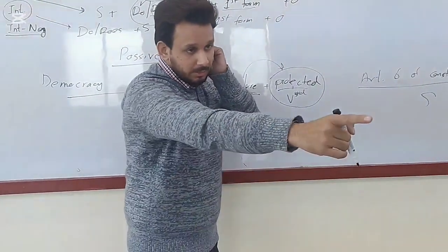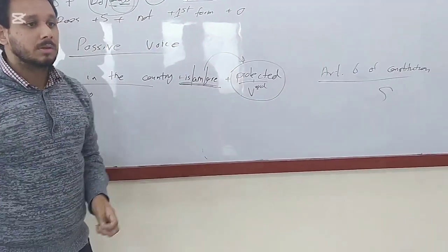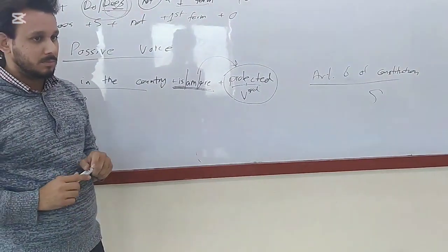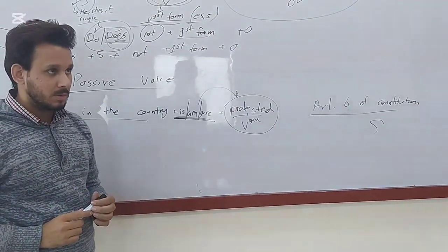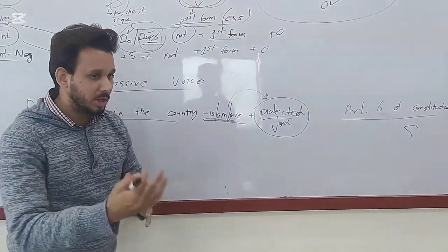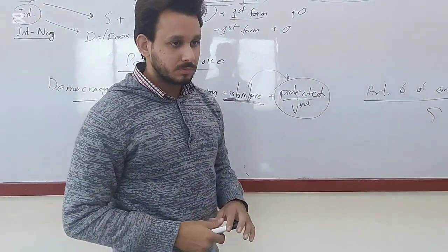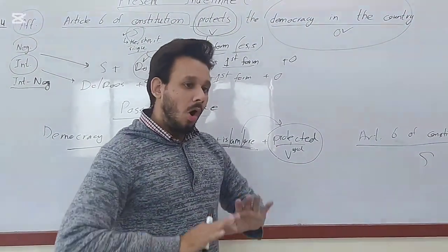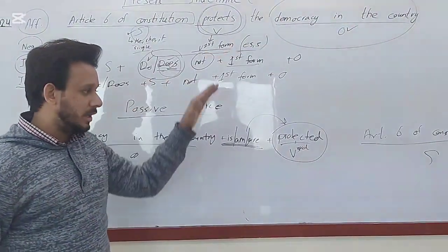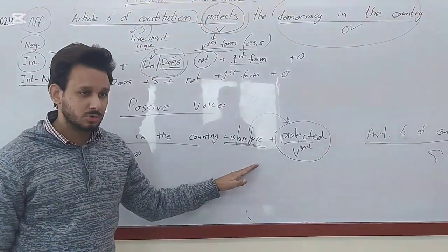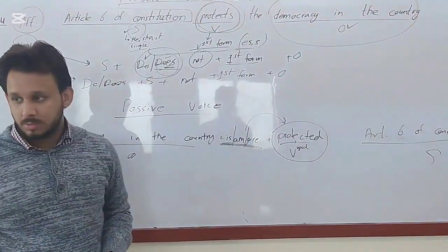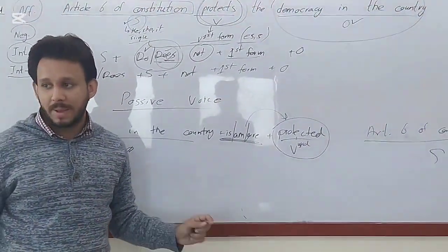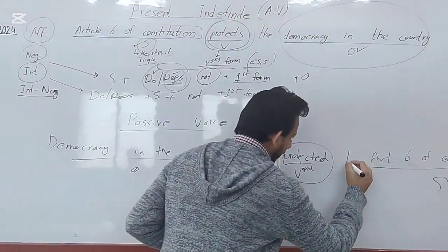Sir, like affirmative and negative, and the fourth type, negative interrogative. All four types are possible in active voice as well as in passive voice. In passive voice, there is always the third form of the main verb, and then you have to add by.